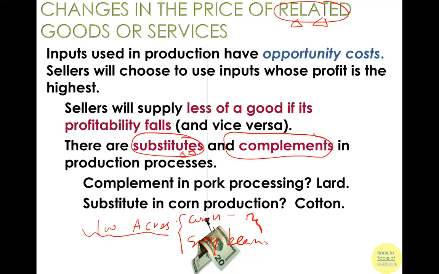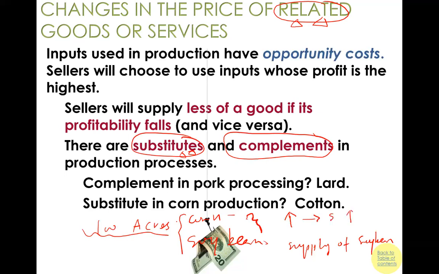Now, what would happen if the price of corn increases? How would that affect the supply of soybeans?